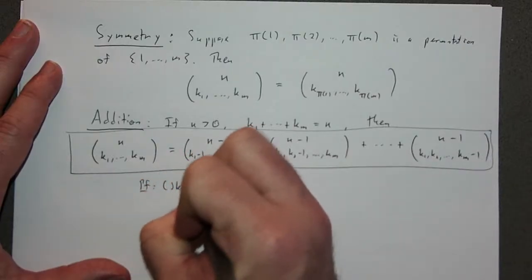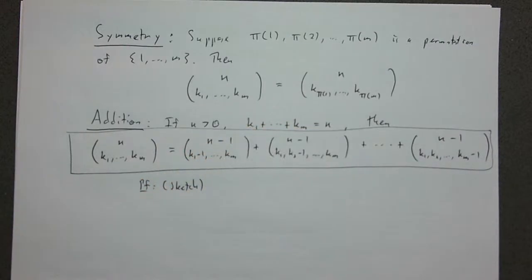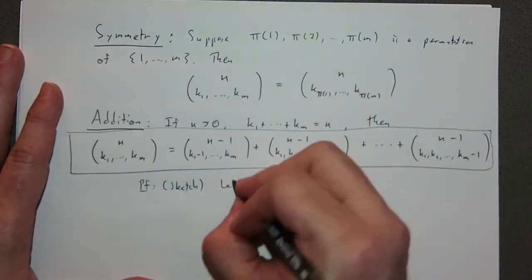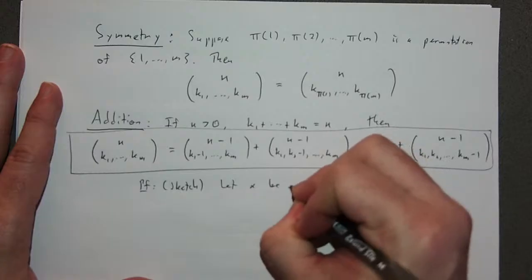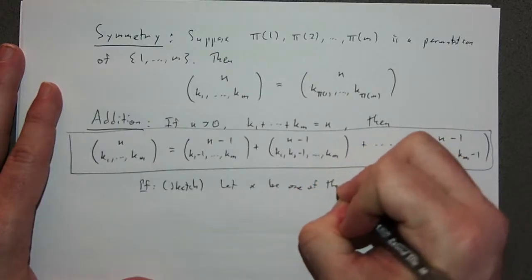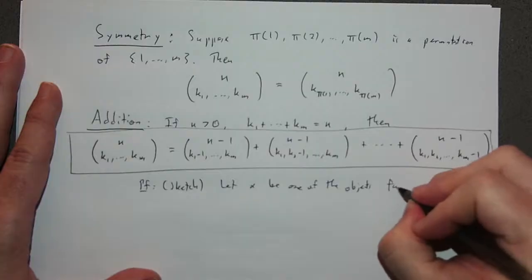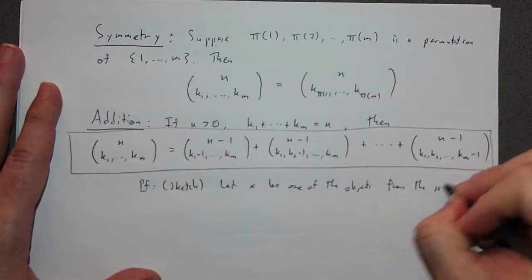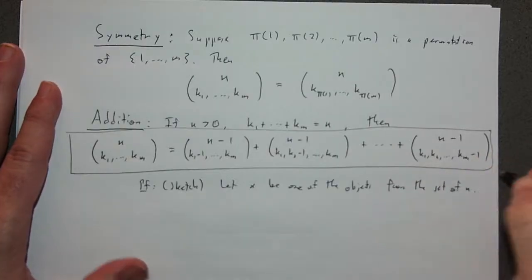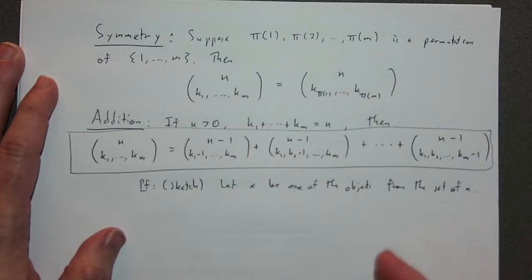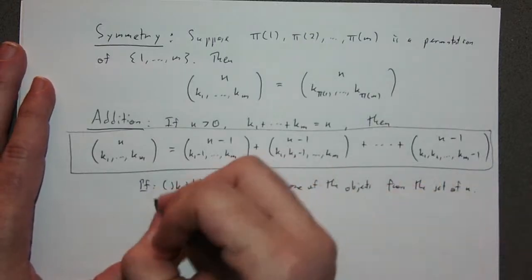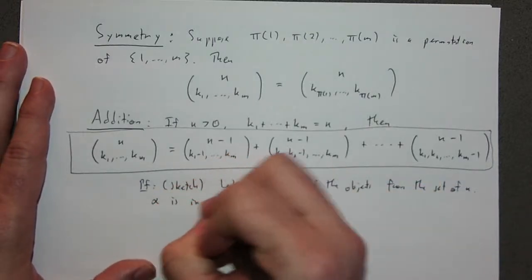You can kind of fill in the details here, although there's not much more to fill in other than this. So let alpha be one of the objects from the set of n total objects. It's got to be put somewhere. It's got to be put in one of the boxes, right? Alpha is in some box.